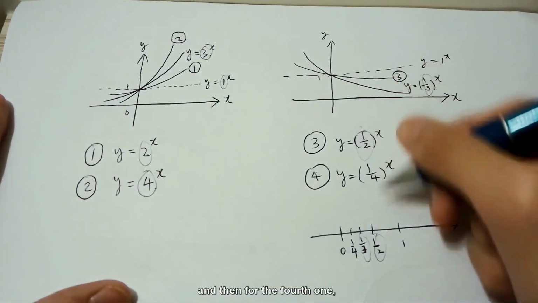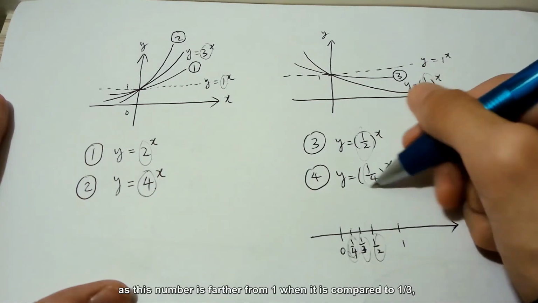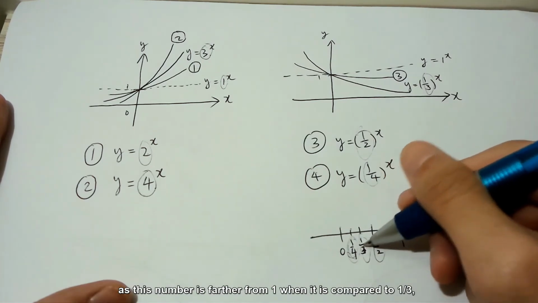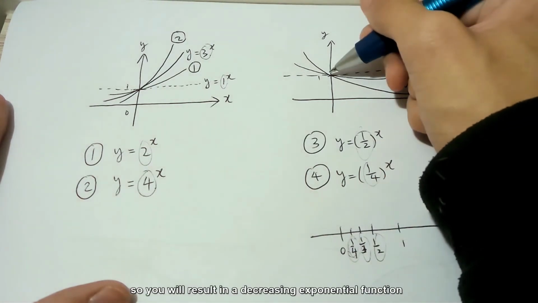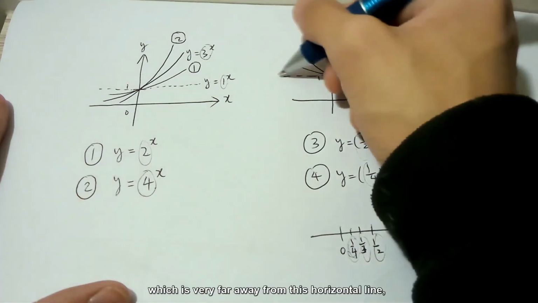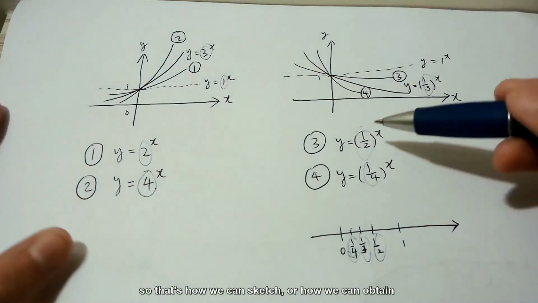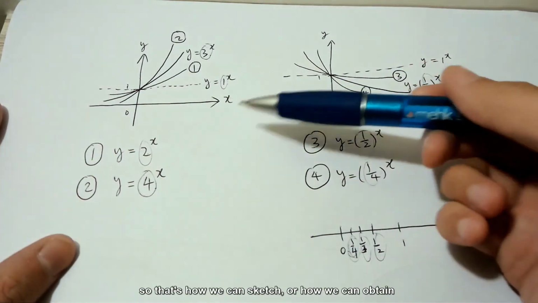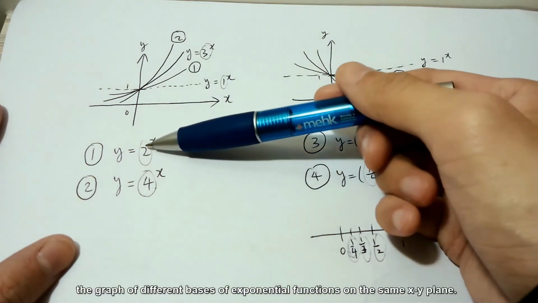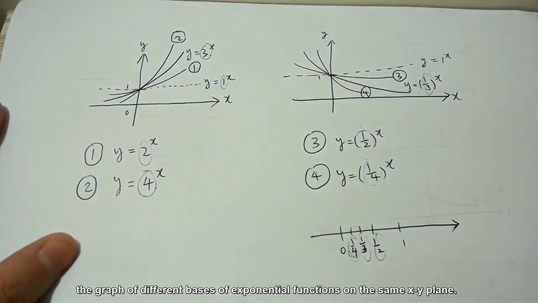And then for the fourth one, as this number is farther from 1 when it is compared to 1/3, you will result in a decreasing exponential function, which is very far away from this horizontal line. So that's how we can sketch or how we can obtain the graph of different bases of exponential functions on the same xy plane.